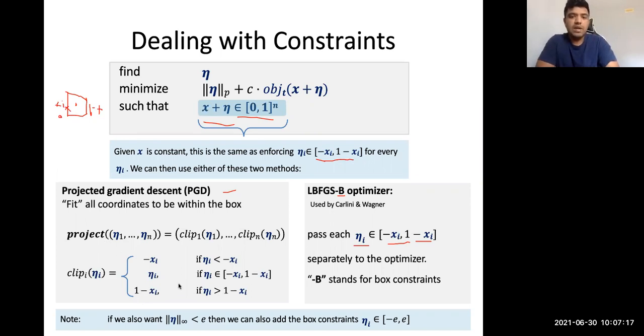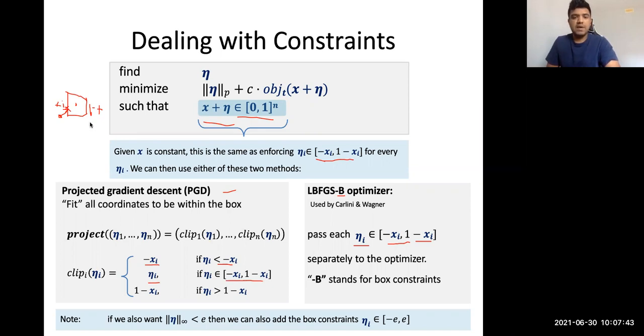Say our eta is less than negative xi, somewhere here, and we project it back to the closest surface, at negative xi, which would be this. If our eta is already within the range of our box, we just let it be. It remains as it is when it is within the box.